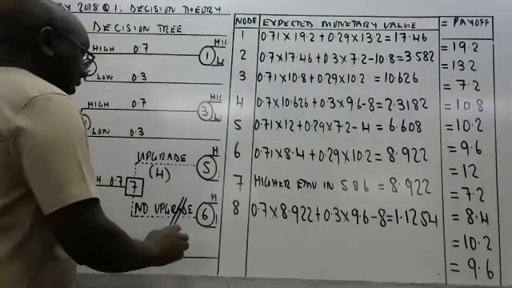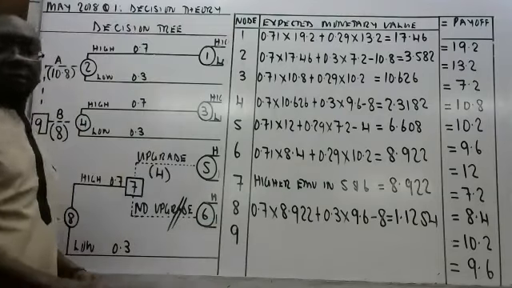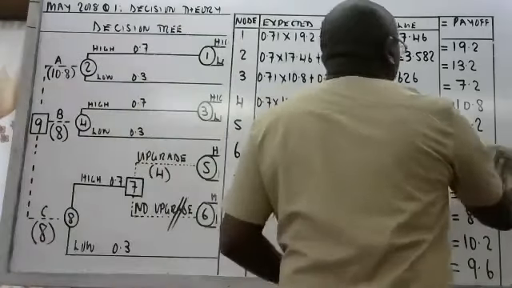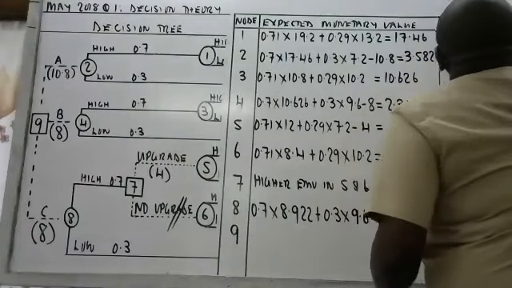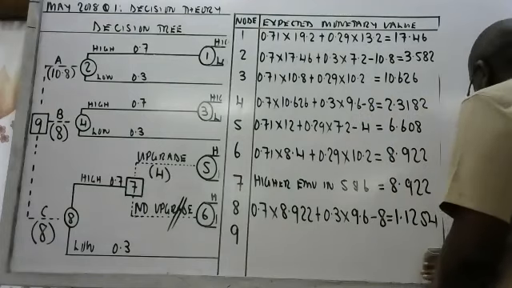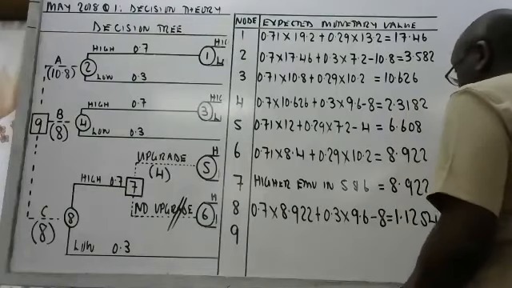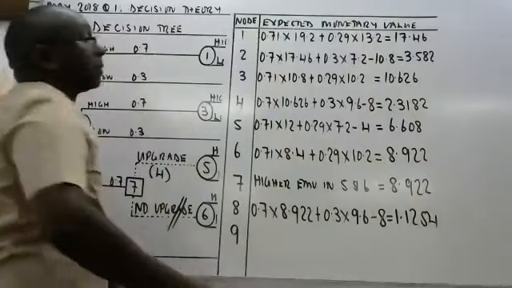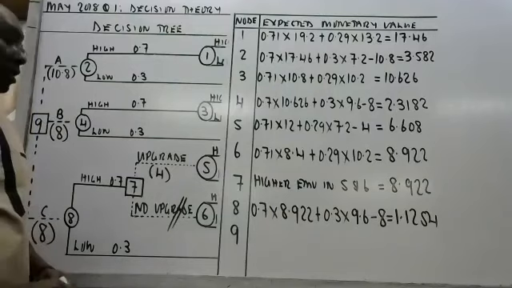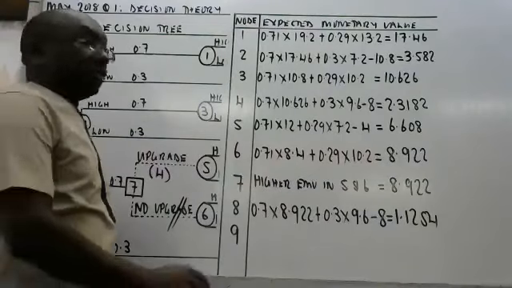Then let us go to number 9. So number 9, the lines going out, you can see they are incomplete. So it's a case of selection.